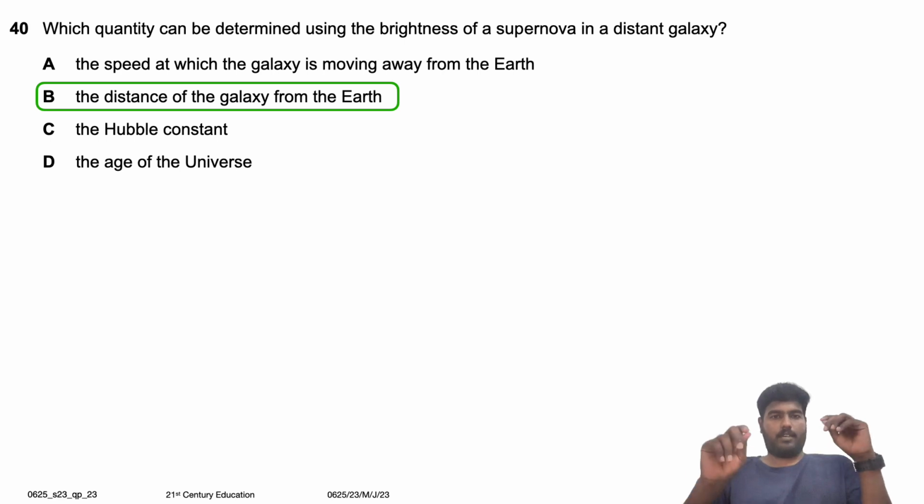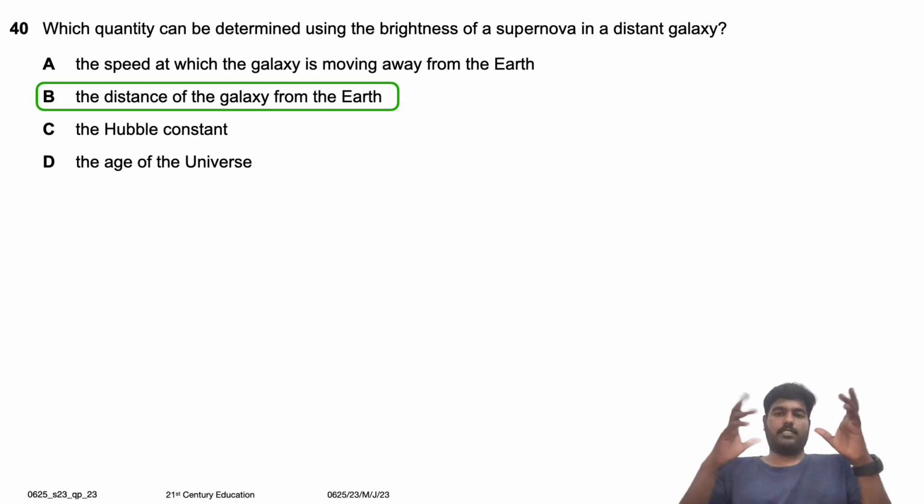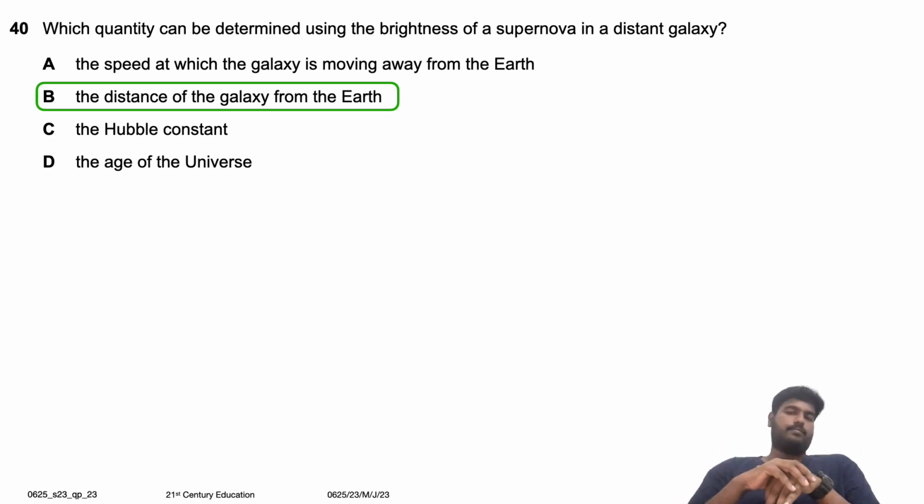The brightness gives color details we can observe, and then we can see whether it's making a red shift or blue shift. So we can determine whether it's going away from the earth or moving towards the earth. Also, you will learn something called the displacement law in A level, how to find distance from the brightness of a star.